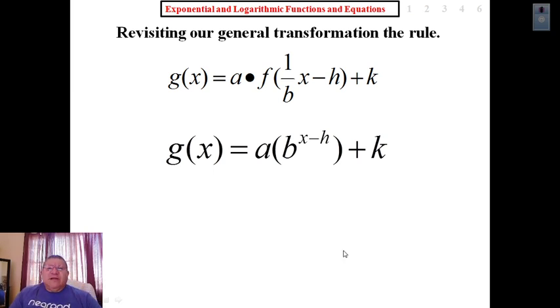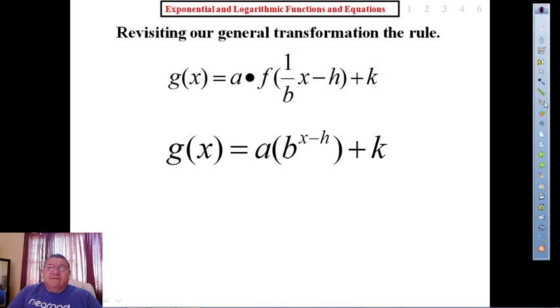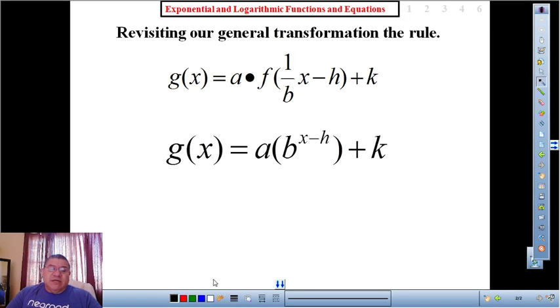What did I say? As long as we understand the main idea in regards to transformations and the general rule, it applies to any function. I'm pretty sure if I was to ask you what each part of the function does to the graph, you would know what to say.